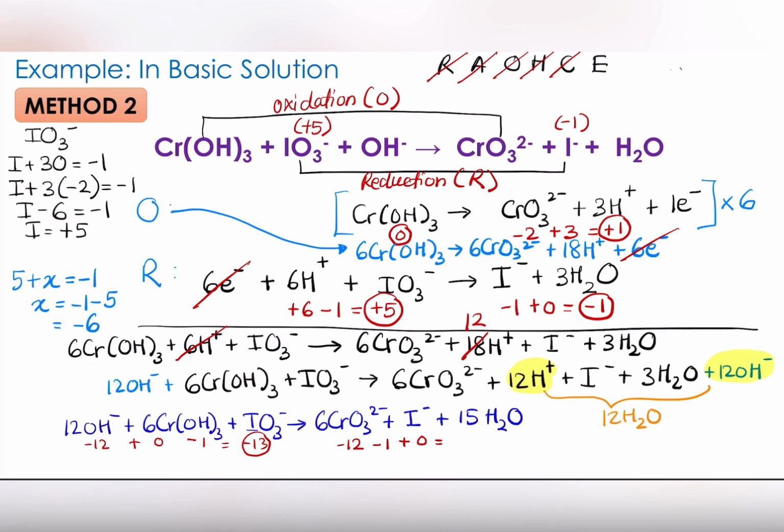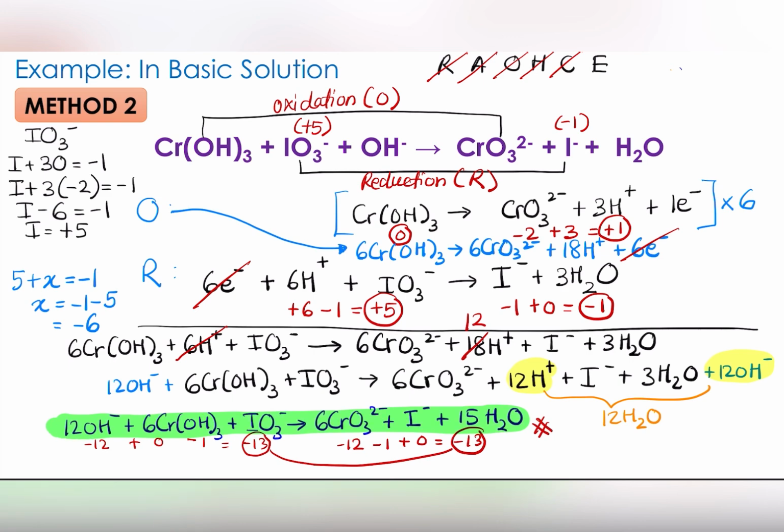I will have the total negative 13. So as you see here, both sides sama. So maknanya inilah final one yang saya dapat, maknanya betul. So that's how you want to determine the final equation yang saya highlight warna hijau ni for basic medium.